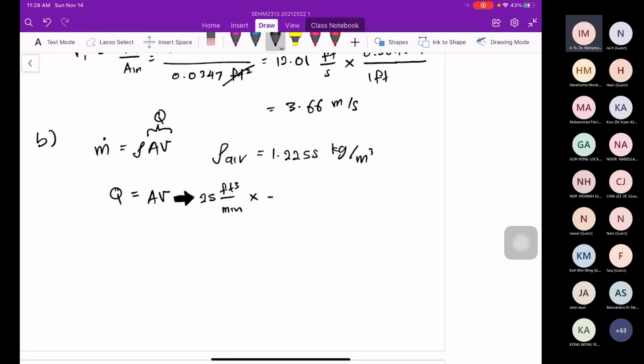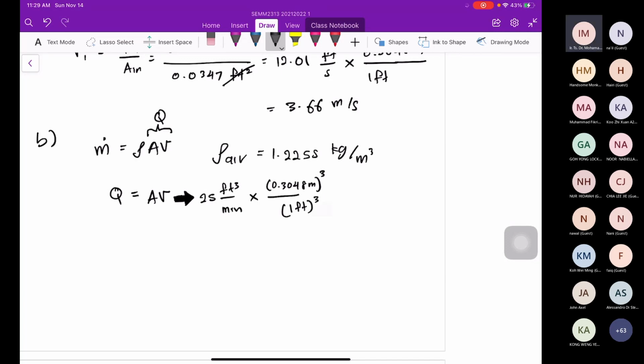So I do the conversion. 1 feet cube equals 0.3048 meter, in brackets, because this is to the power of 3. This is 1 feet.